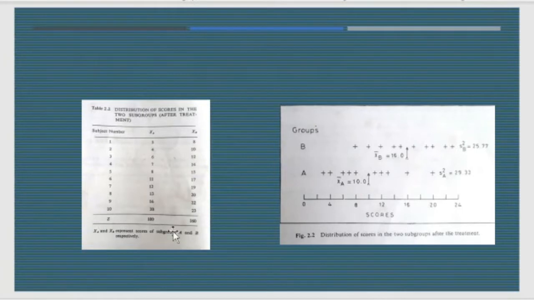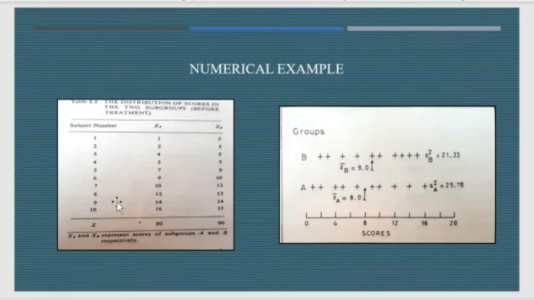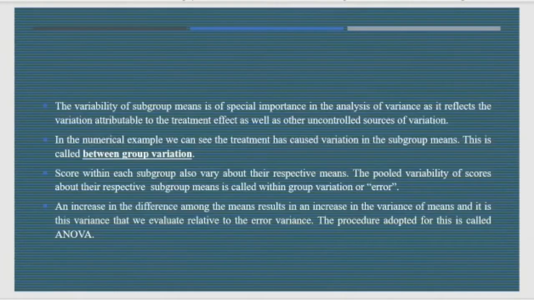So we can say that they have some differences. Similarly, for variable B, before the treatment, the mean was 90, and after the treatment, the mean was 160. So there are some differences. So treatment has some effect in the subgroup means, and this is called between group variation.